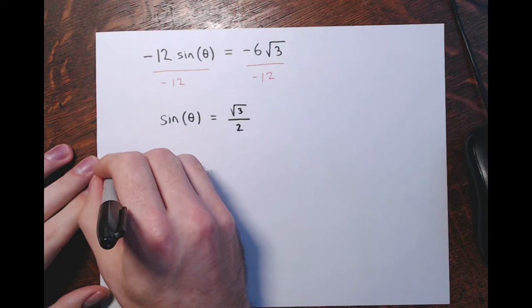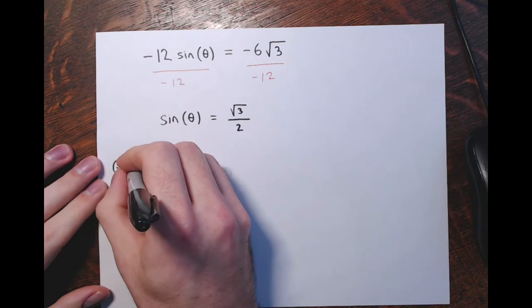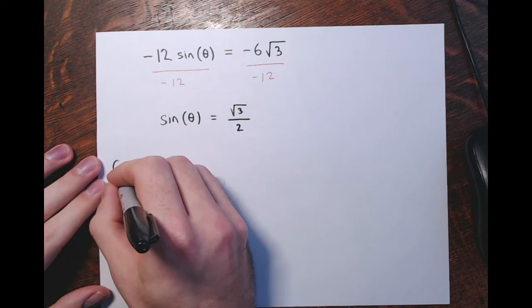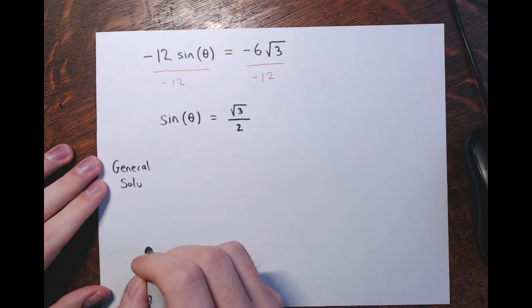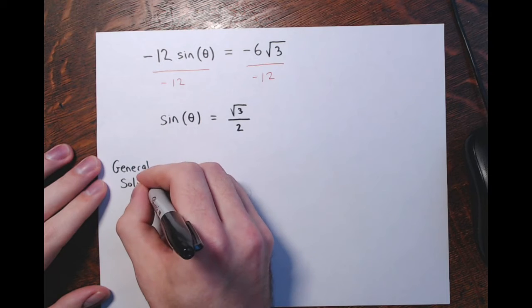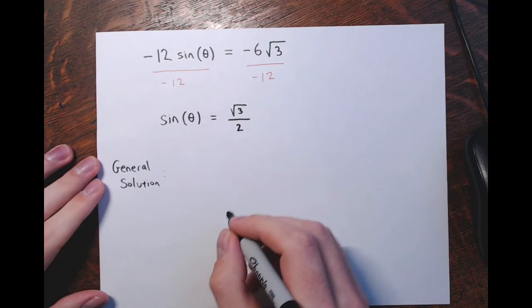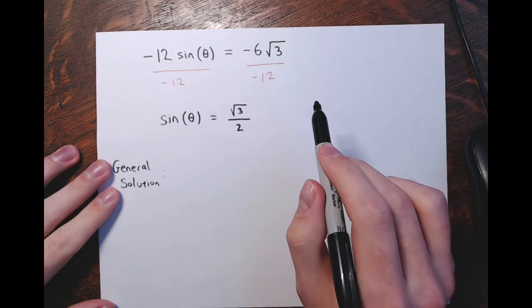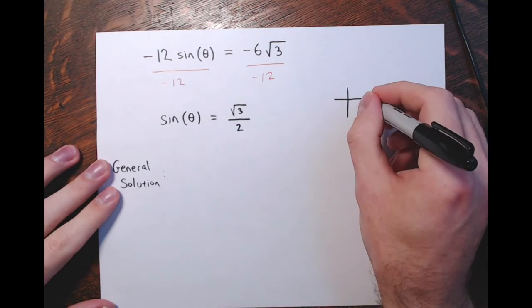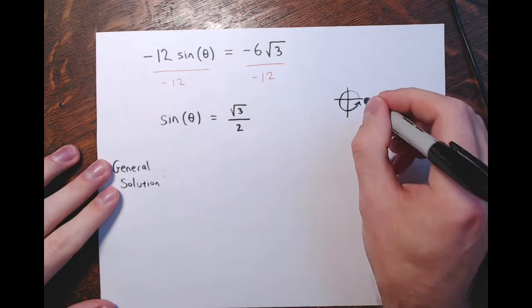So first I'm going to write the general solution. I'm going to write out a description of all the infinitely many solutions of this equation. So again, to do that, I'm going to think of once around the unit circle. Think of going once around the unit circle counterclockwise.